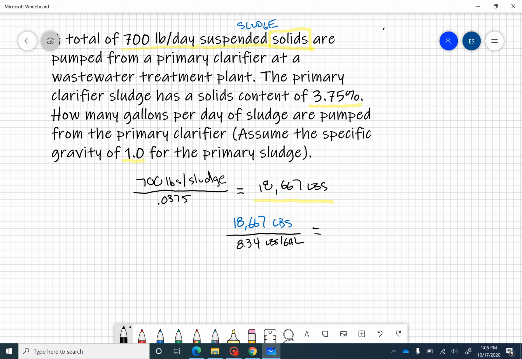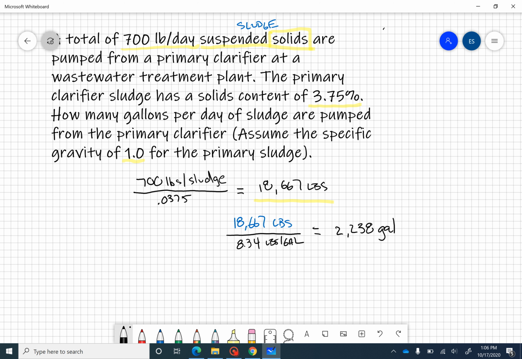So 18,667 divided by 8.34 lets us know that we had approximately 2,238 gallons of sludge that were removed.